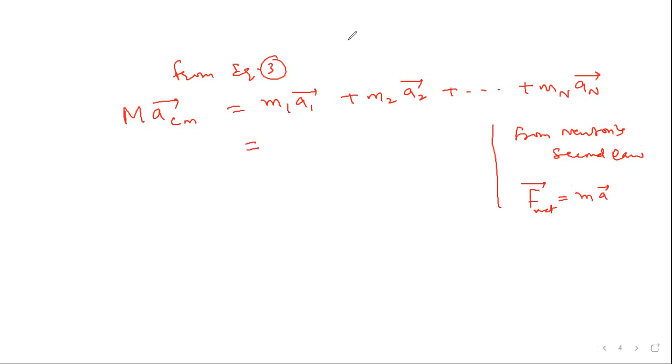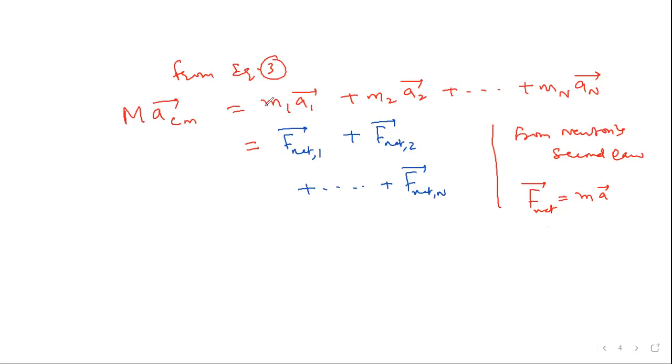This is F net 1, plus net force on particle 2, F net 2, plus so on, plus F net N, net force on particle N. Simply replaced the mass-acceleration product by the net force on the concerned particle, making use of Newton's second law.